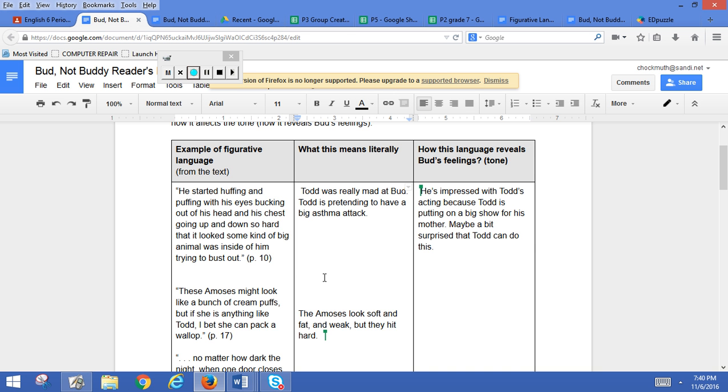Alright, so in this one, the Amoses look like a bunch of cream puffs, but she can pack a wallop. The Amoses look soft and fat and weak, but they hit hard. So, I'm going to say what this reveals about Bud's feelings is that Bud is careful. So remember, this chapter starts with him saying, at some point in your life you realize enough is enough.